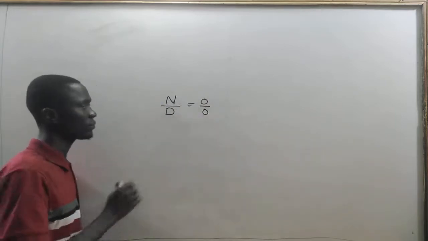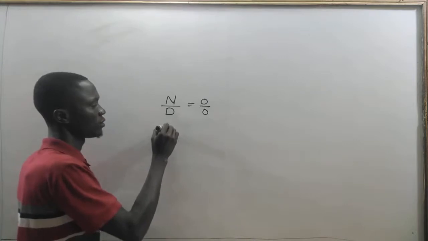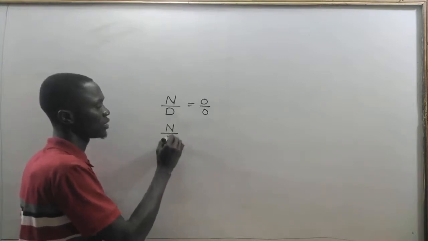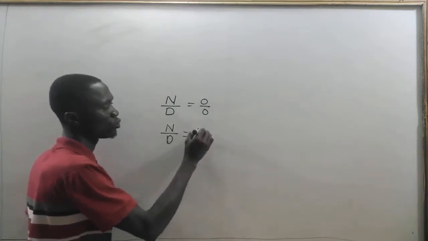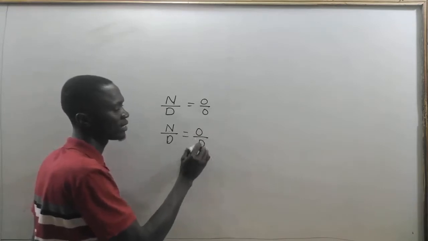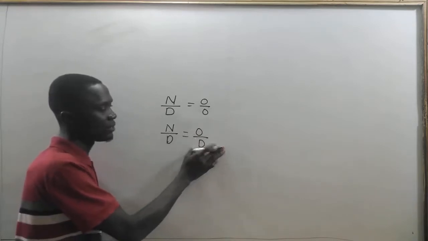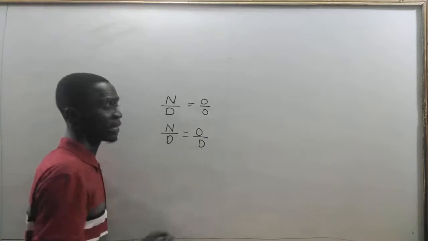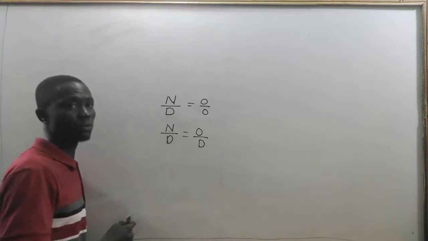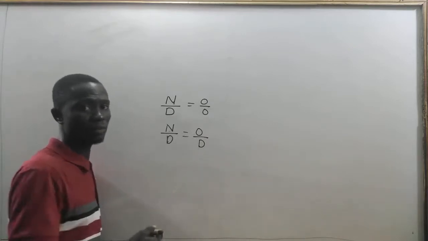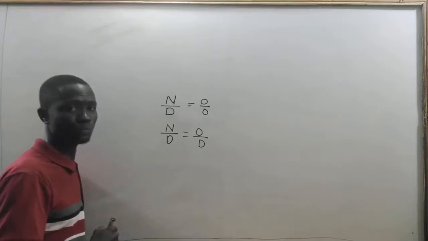Then we look at upon direct substitution, if the numerator goes to 0 but the denominator gives you a real number which is not equal to 0, either less than 0 or greater than 0, what will you do?